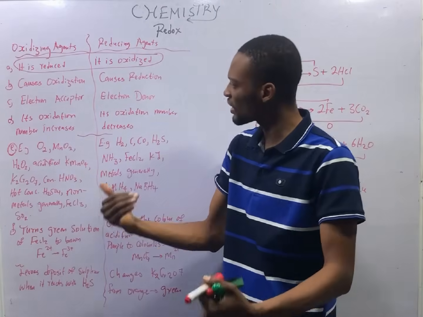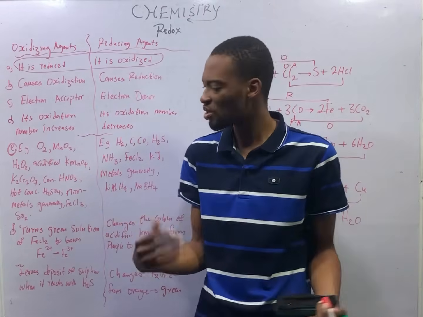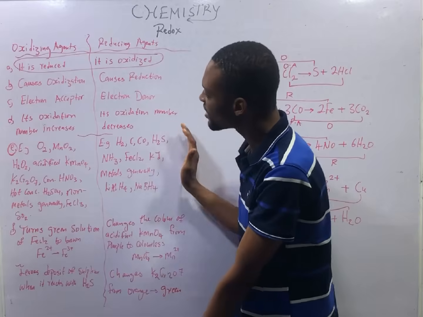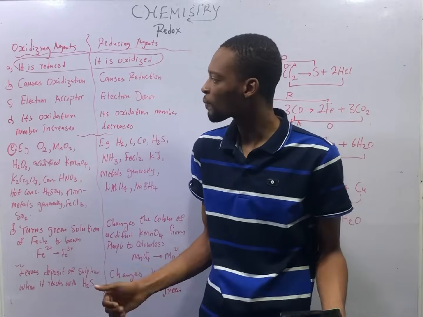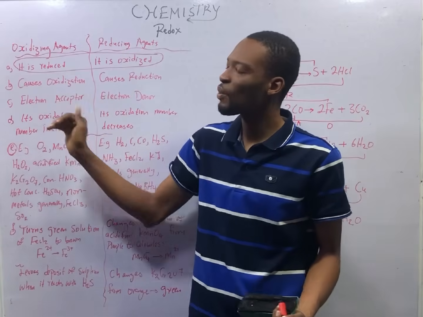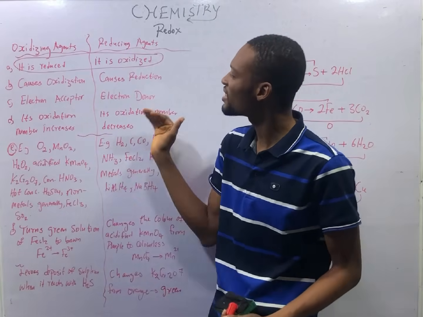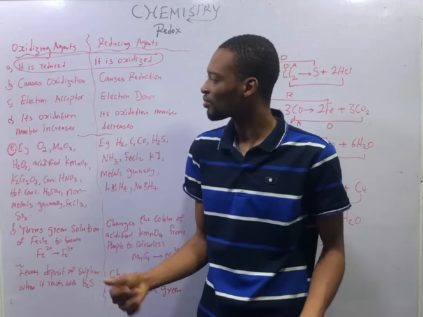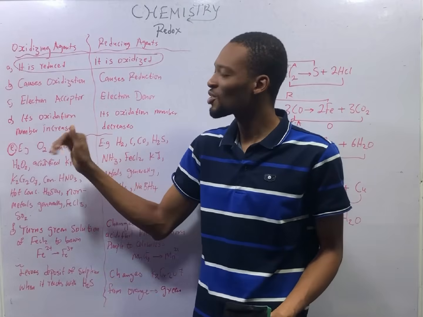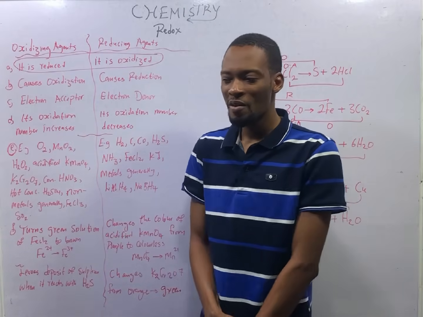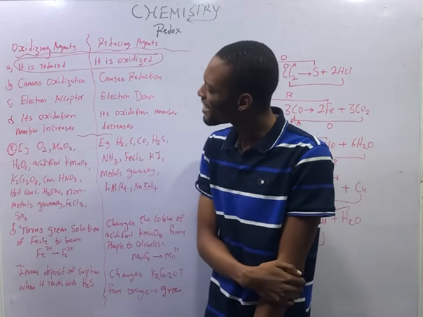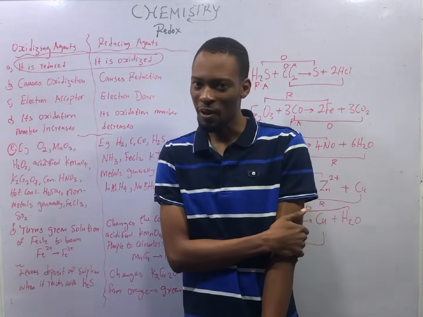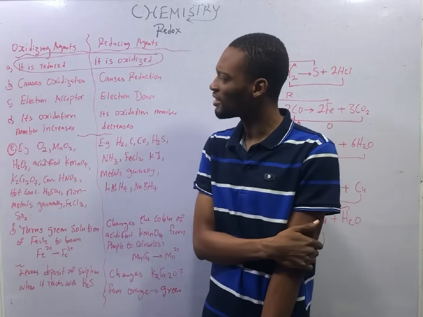If you don't know the one that is oxidized or the one that is reduced, these other definitions and explanations will help you understand oxidizing and reducing agents more. Oxidizing agents are the ones that cause oxidation, and reducing agents are the ones that cause reduction. Oxidizing agents are electron acceptors. Now, remember, under acids, bases, and salts, we said that acids are electron pair acceptors, while bases are electron pair donors.